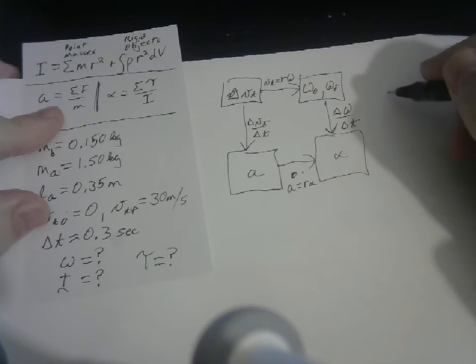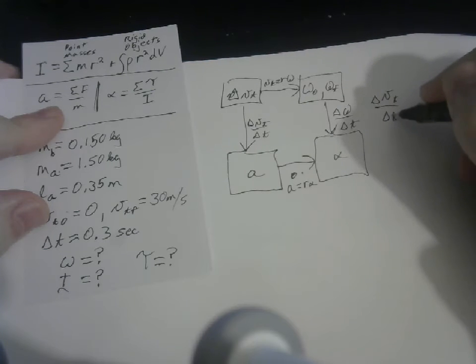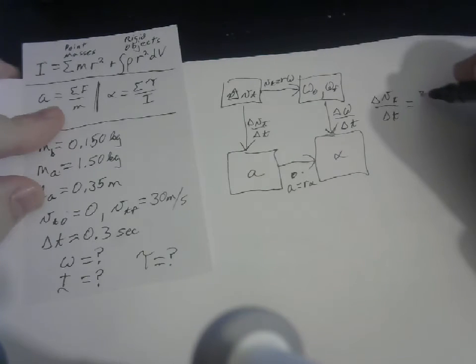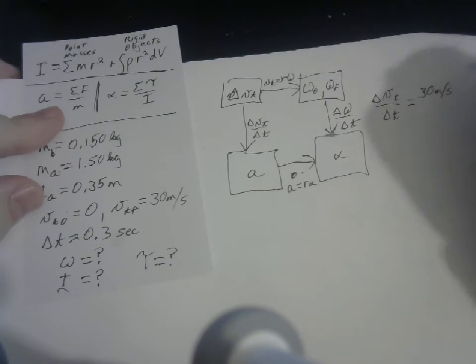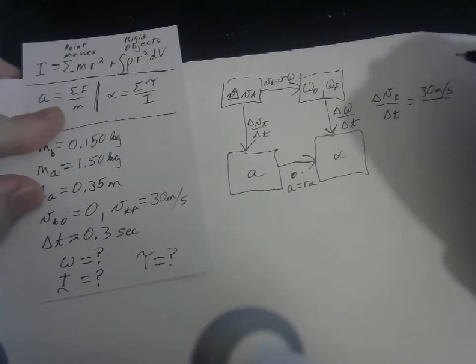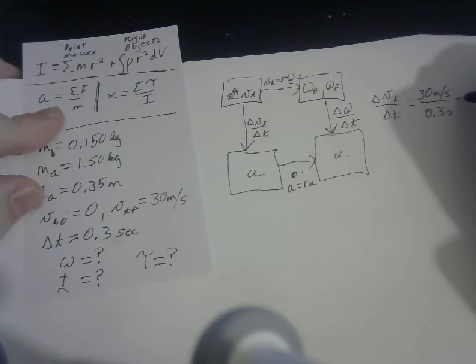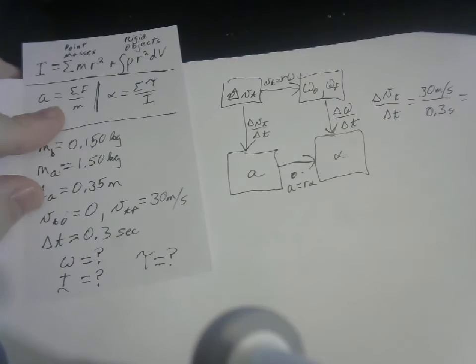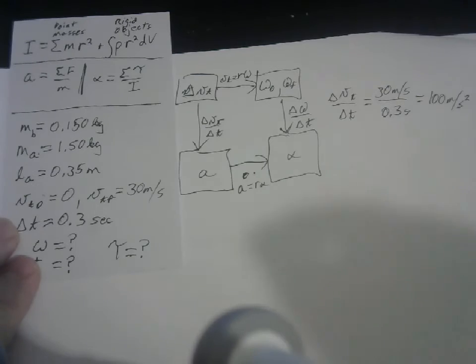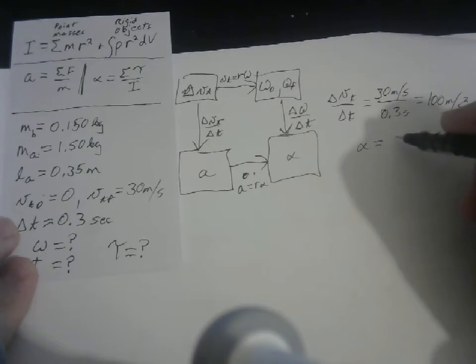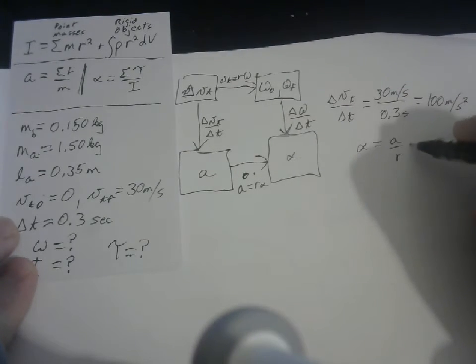The delta V sub t over delta t is going to be 30 meters per second divided by 0.3 seconds, which is 100 meters per second squared. And then alpha is going to be that acceleration divided by r.